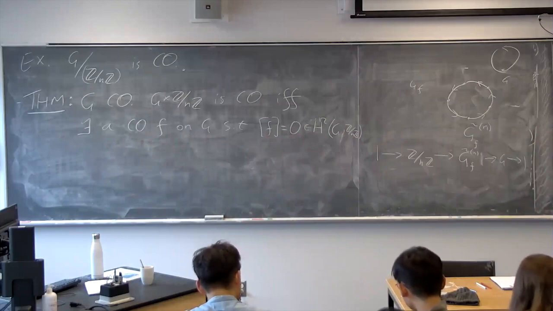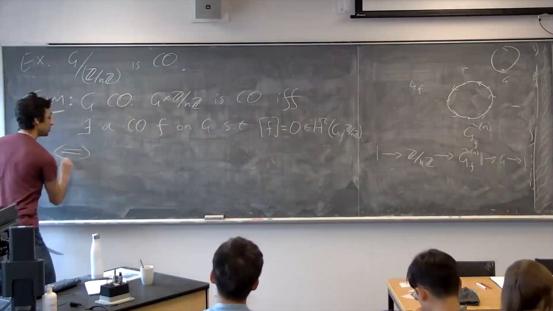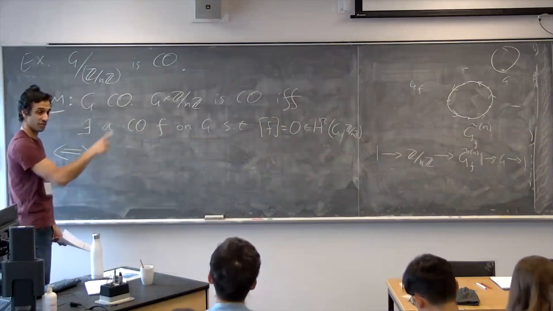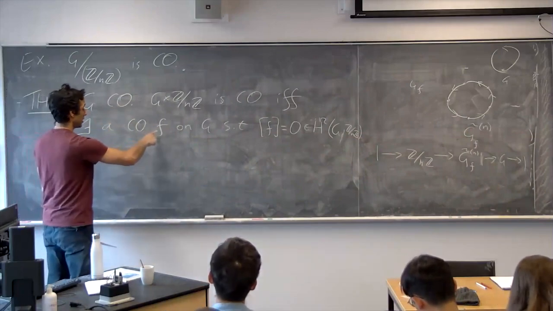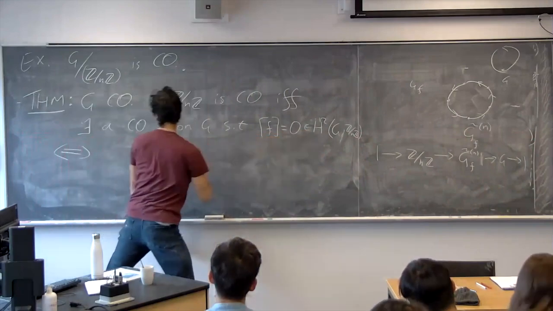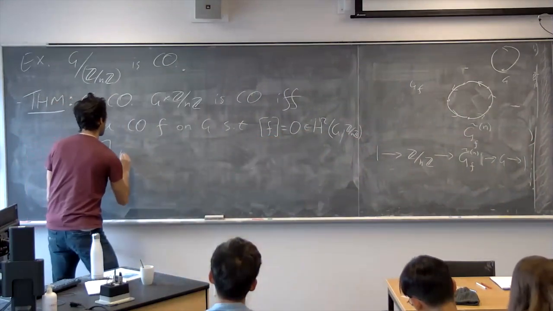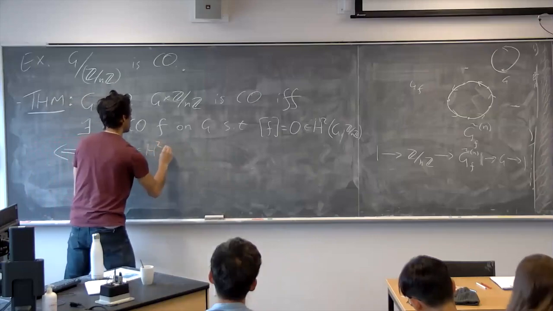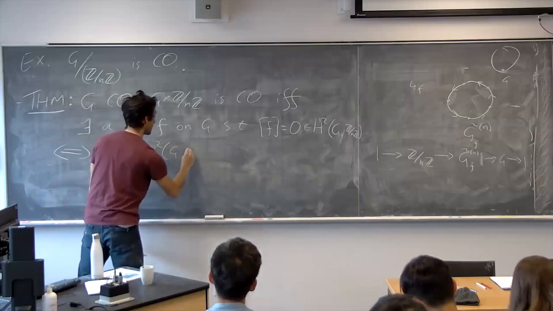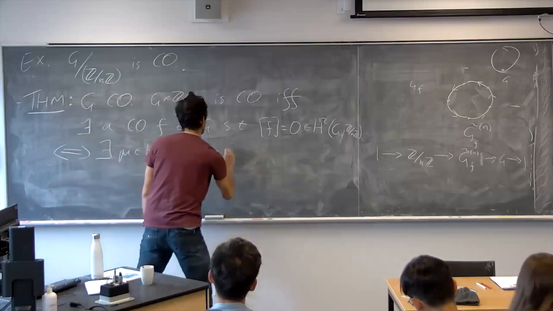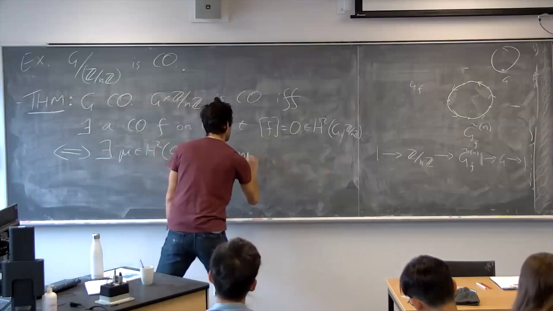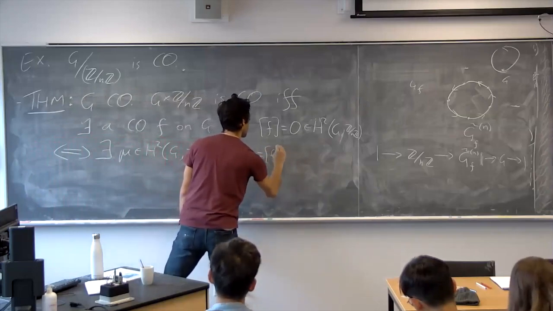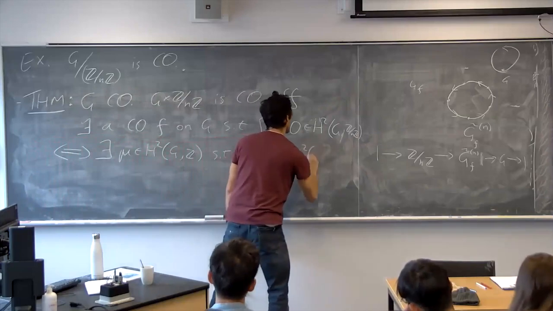And one of the exercises is to prove it's circularly orderable if and only if this is true. There's an equivalent way to formulate this: if and only if there exists a mu in H2 of G with Z coefficients such that N mu equals F in H2 with Z coefficients.